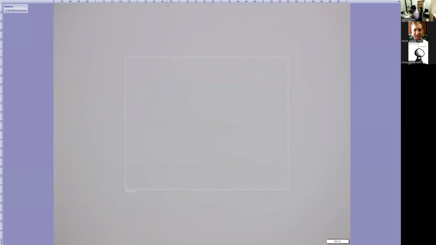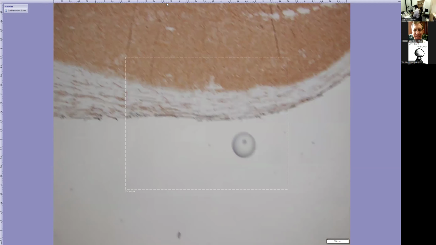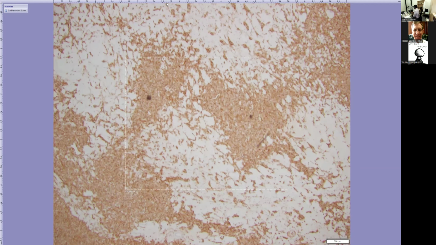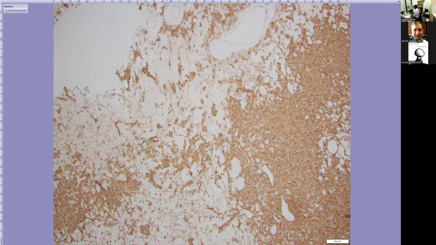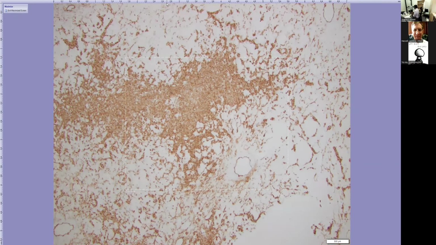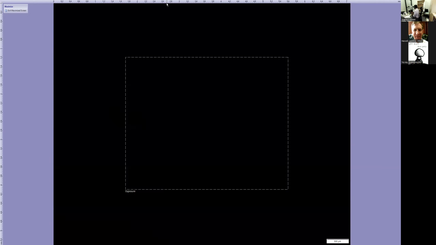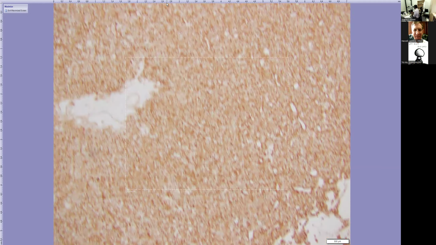So the angiosarcoma, which was in my differential, although not at the top, I did some endothelial cell markers, and this is CD34. As you can see, CD34 is diffusely positive in these lesional cells.